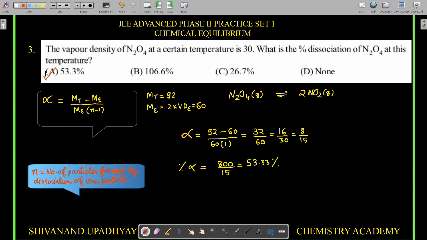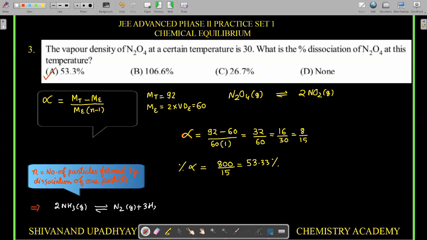Now some students in a hurry can make an error, so we should be very careful when writing this. For this reaction, dissociation of ammonia, 2 times ammonia in gaseous state on dissociation will form nitrogen in gaseous state plus 3 times hydrogen in gaseous state.